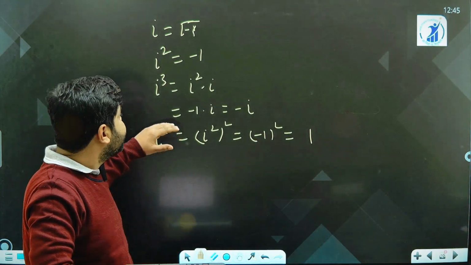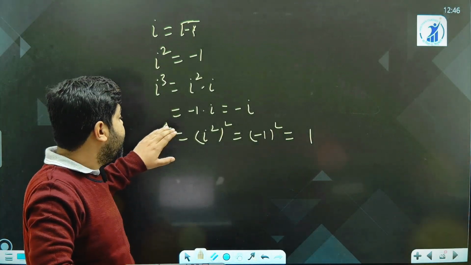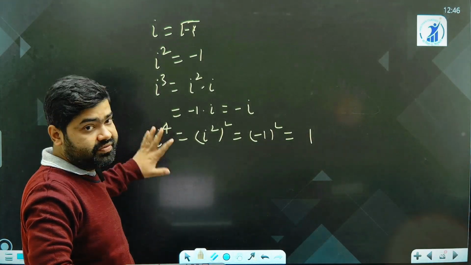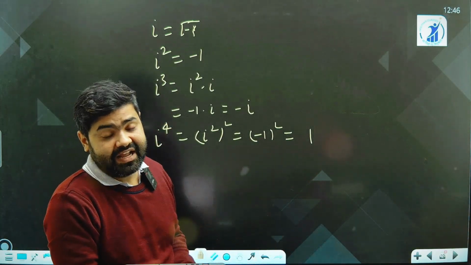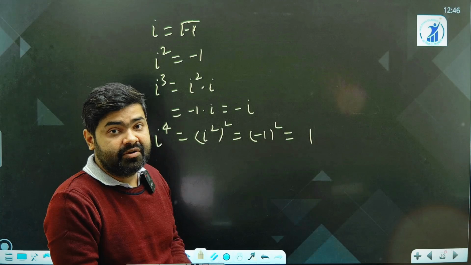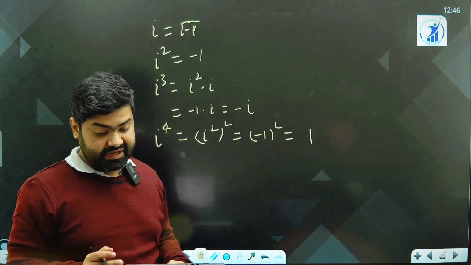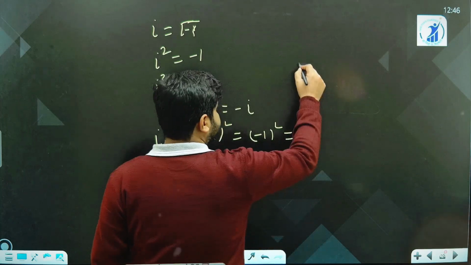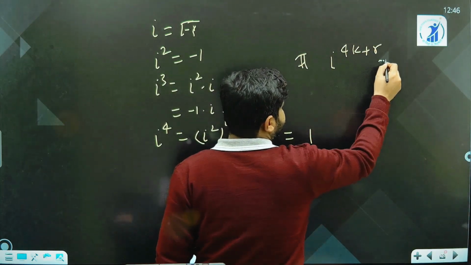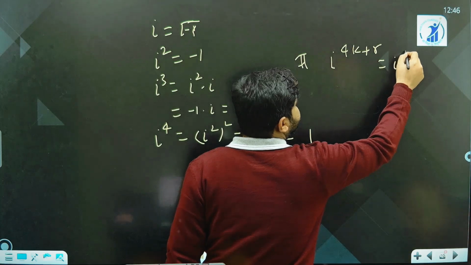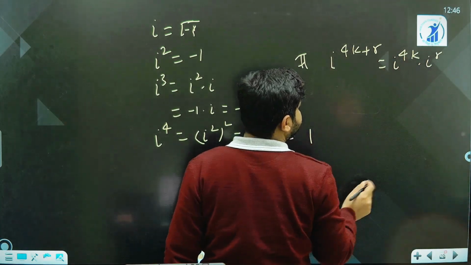We can directly solve the question only if the iota power is 1, 2, 3, 4. But beyond power 4, we can solve the problem with the help of an important result. We can write iota to the power 4k plus r is equal to iota to the power 4k into iota to the power r.